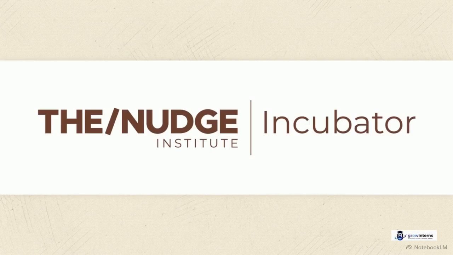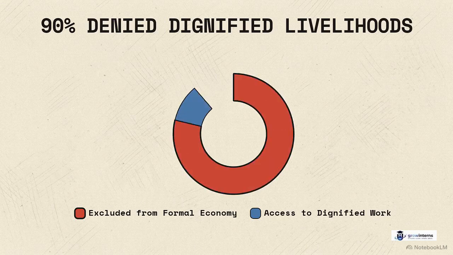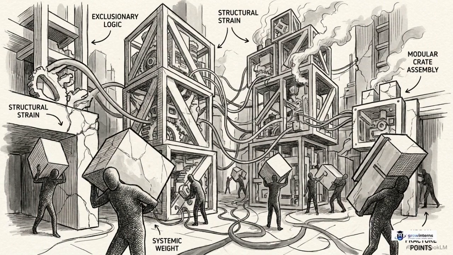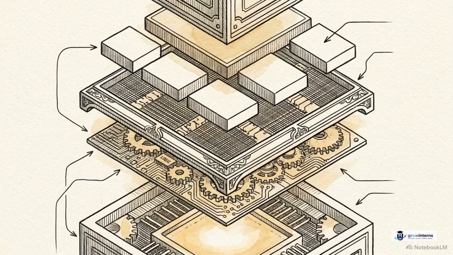The real-world stakes of this architecture are evident in initiatives like the ACOM Foundation, an incubator supported by the Nudge Institute. In India, over 90% of transgender individuals are currently denied dignified livelihoods. Many are pushed into unsafe, informal work because they are excluded from mainstream economic programs. Digital skilling programs offer a path into formal employment, but these programs are only accessible if their online portals are readable.